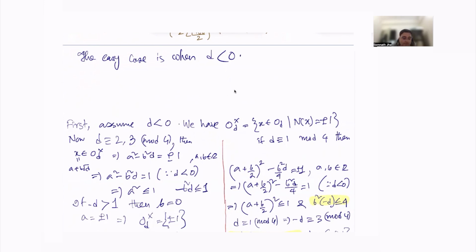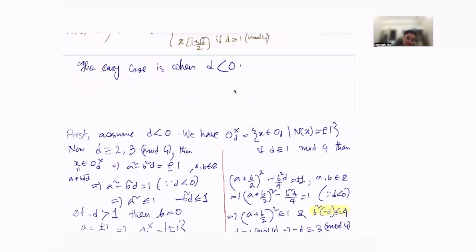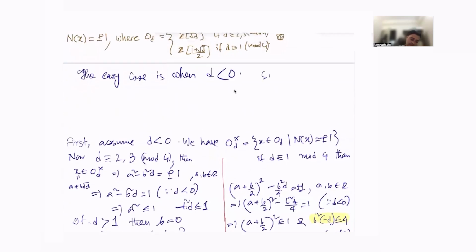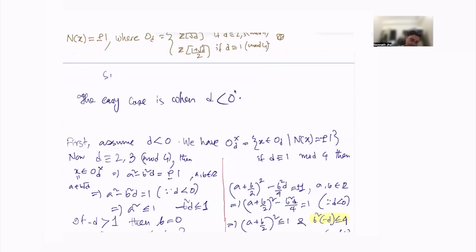So even before saying this, one thing to note is that since Z is a subring of O_d, this implies that plus or minus 1 is always inside O_d star.